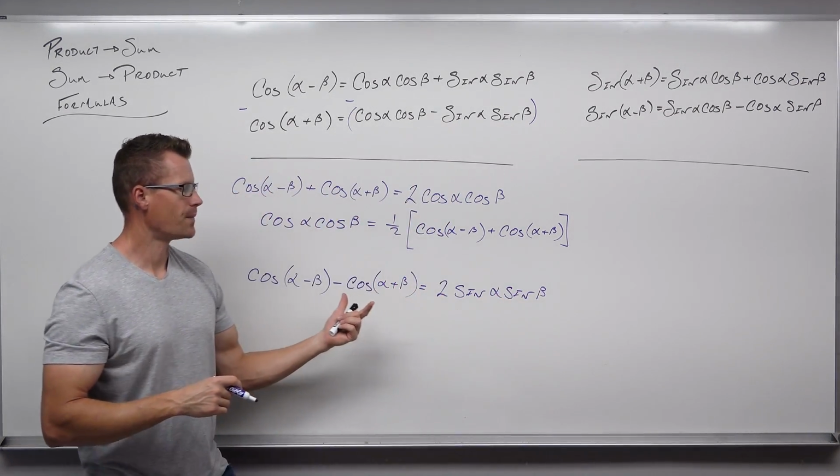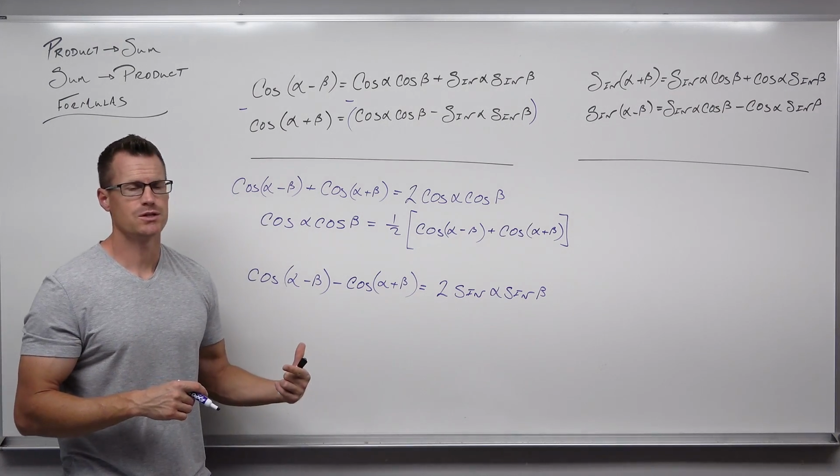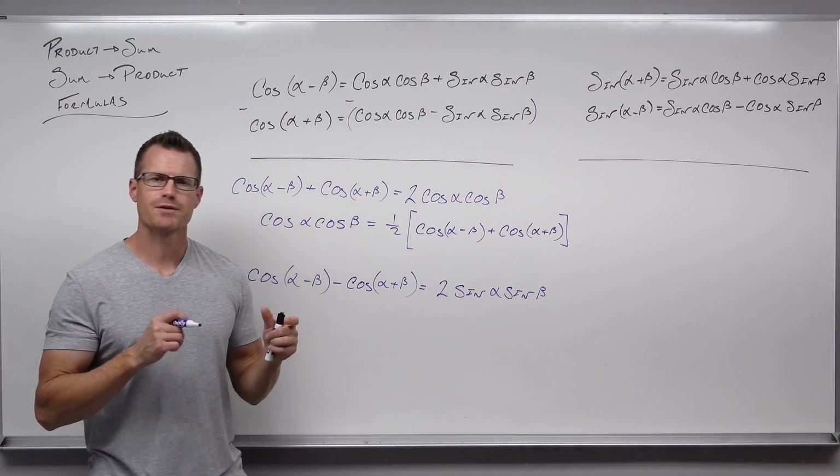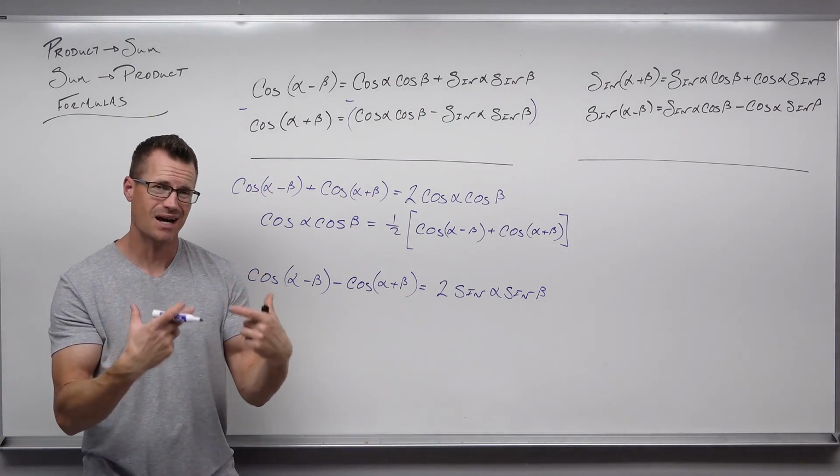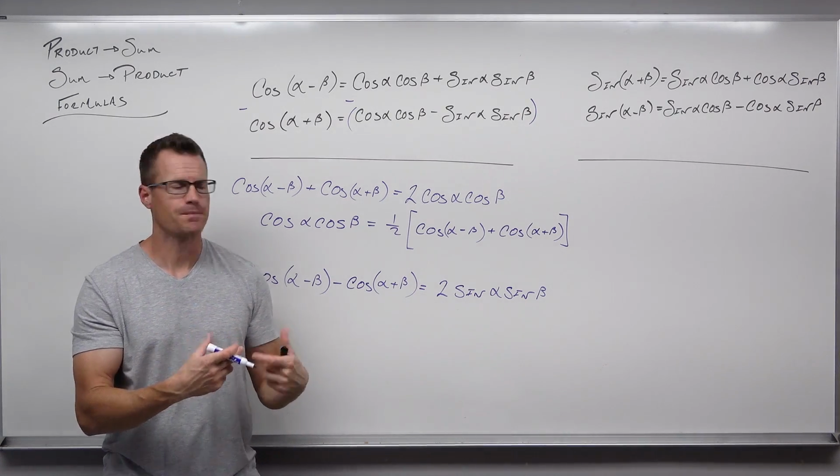And if we follow that idea, let's divide everything by 2. Then we'll have solved for sine alpha sine beta, or a product of sine functions with 2 different angles.